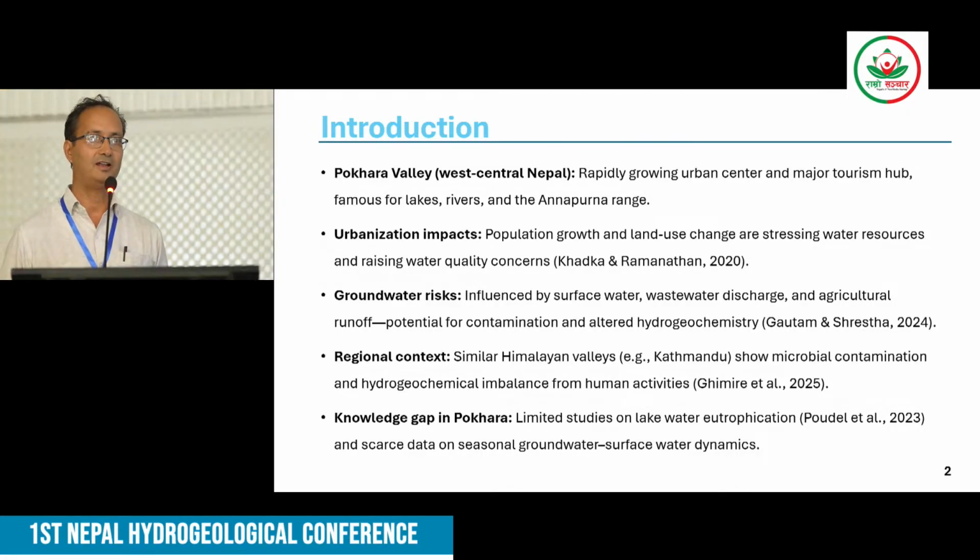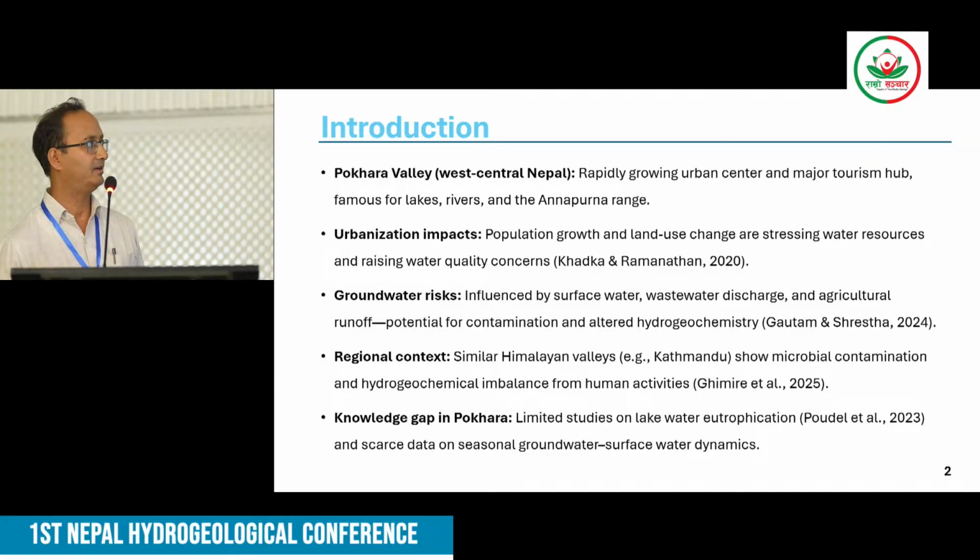So there is a challenge: the urbanization rate is very high. Because of that, there is a stress on many kinds of resources like lake water, river water, and all kinds of natural resources are being stressed due to the urbanization and increase in population.